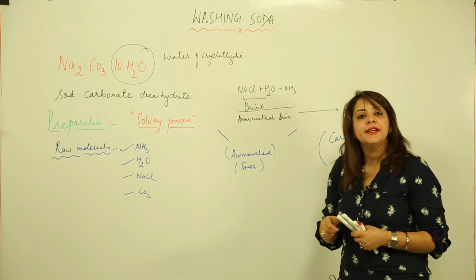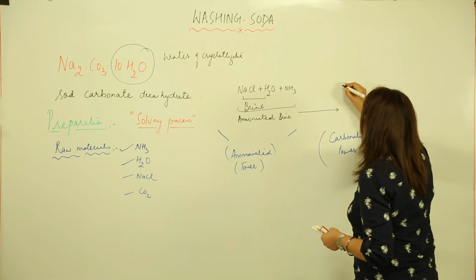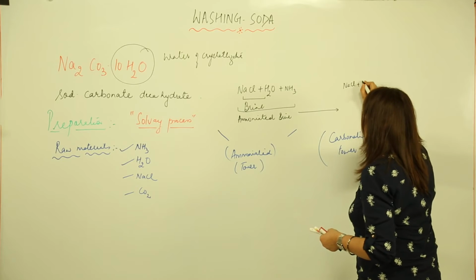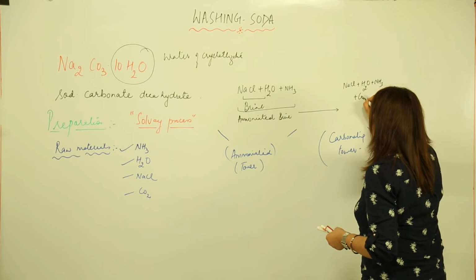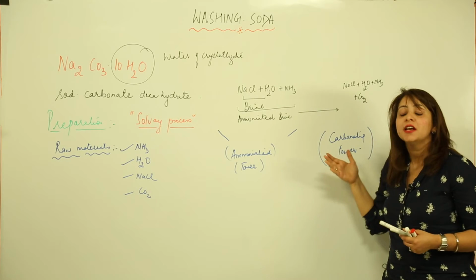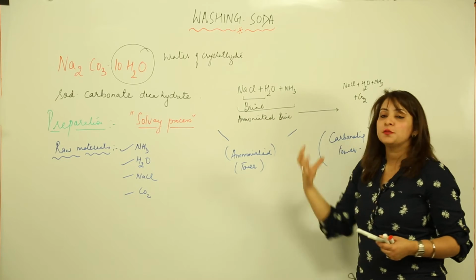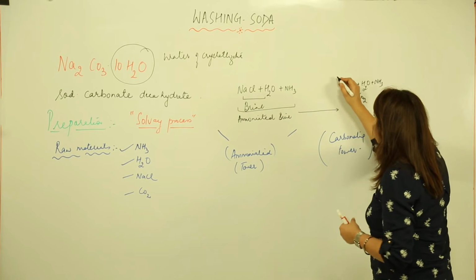Now what happens in the carbonating tower? This ammoniated brine, that is the NaCl, water and ammonia, gets mixed with the carbon dioxide. As the name suggests, in the carbonating tower we make the ammoniated brine react with the carbon dioxide, right. This is what is happening in this tower.